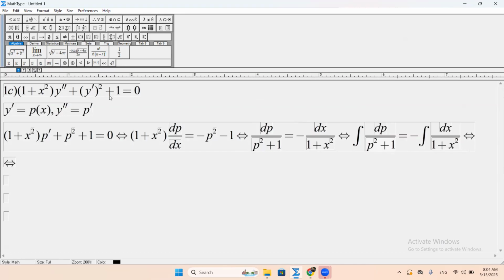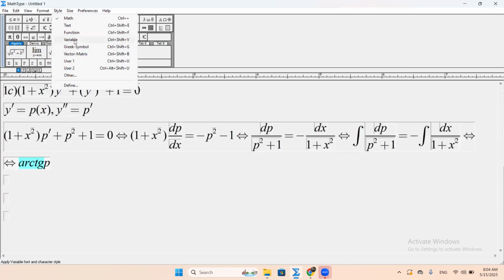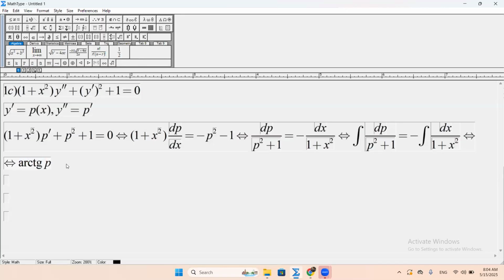Actually this integral will be equal to arctangent, and this one as well. So arctangent of p equals arctangent of x plus C1.